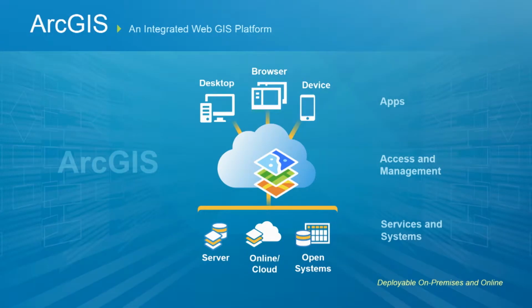I'll start with architecture. This is a diagram. Some of you may be familiar with it. I have my own interpretation of it. It's the diagram of a web GIS. It starts at the bottom as servers or cloud services or other open systems. In the middle is an organizational piece of software that provides access for management and identity, the support for this idea of a system of engagement. And at the top are apps.